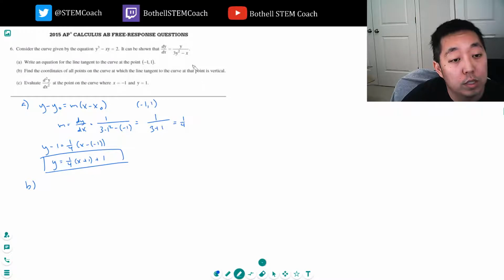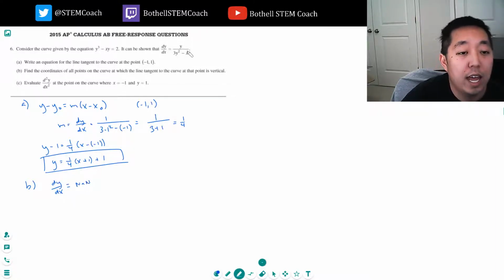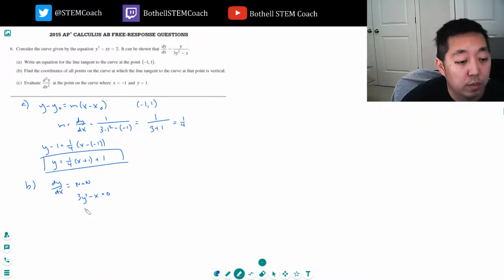Okay, vertical means the slope is infinite, right? So I need to know where dy/dx is equal to not a number. That happens when the denominator is 0, right? 3y squared minus x equals 0, or x equals 3y squared.